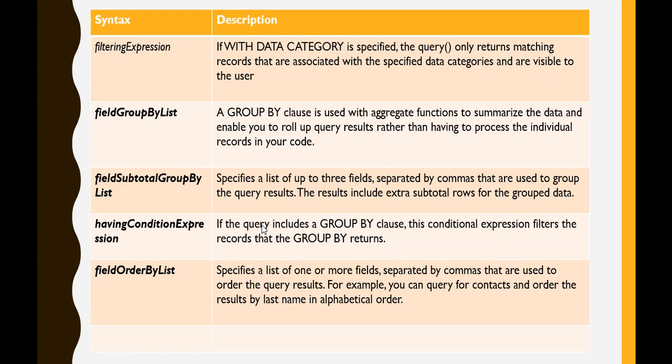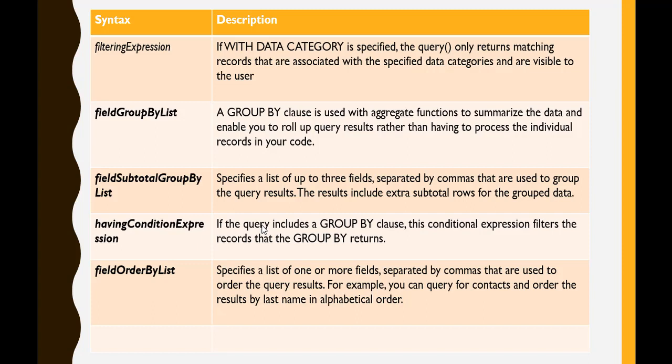Filtering expression. If with data category is specified, the query only returns the matching records that are associated with the specified data categories and are visible to the user. If it is unspecified, then the query returns the matching records that are visible to the user.